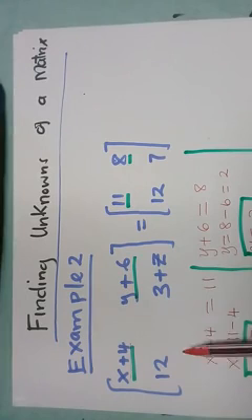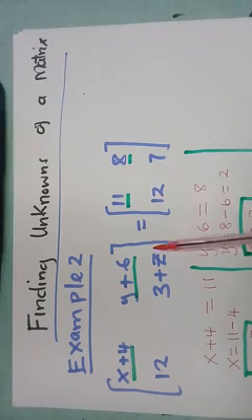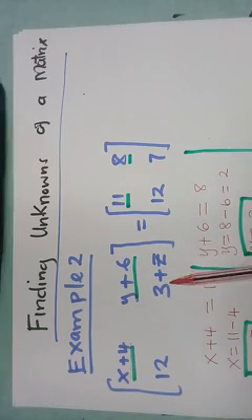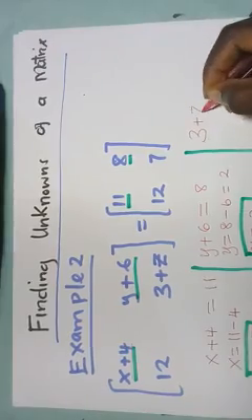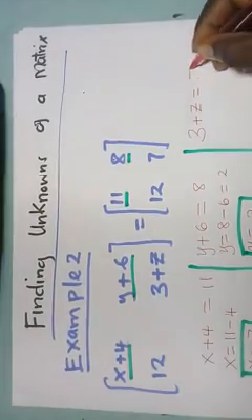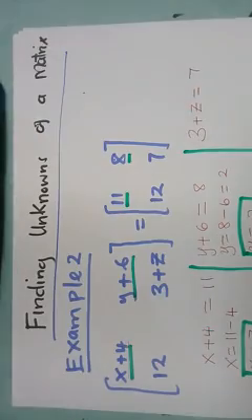We have been able to determine the value of y from that matrix. Let's find z. As you can see, there is no unknown here. 12 is just equal to 12. The unknown is here. 3 plus z is equal to 7. Therefore, 3 plus z must give us 7. These matrices are the same.